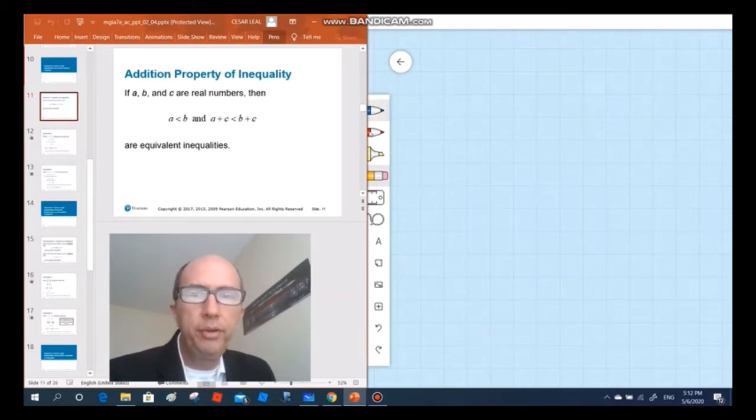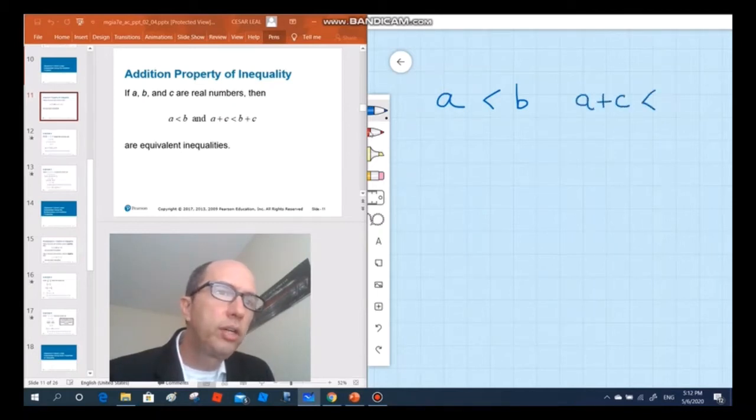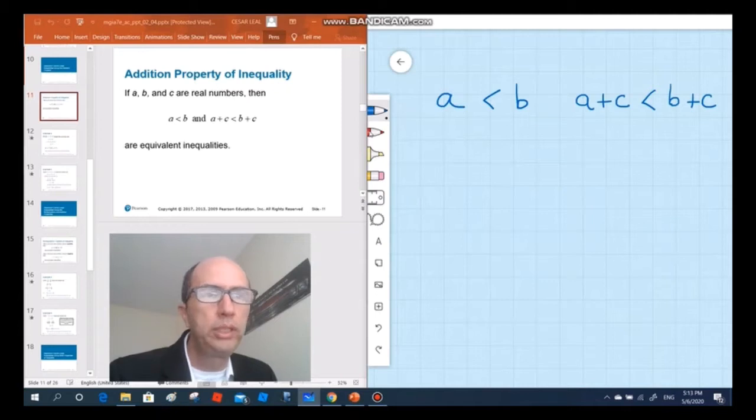That means if we have A, for instance, less than B, then A plus C is also going to be less than B plus C. That means you can add the same thing on both sides, and it is still going to be a true statement.